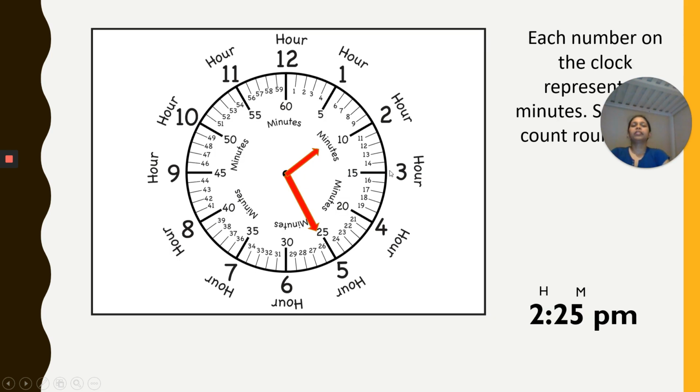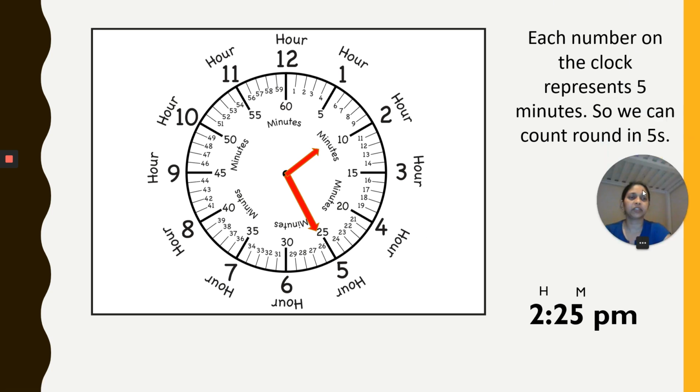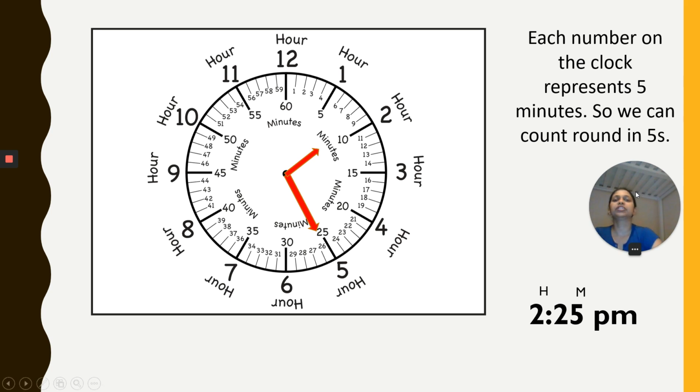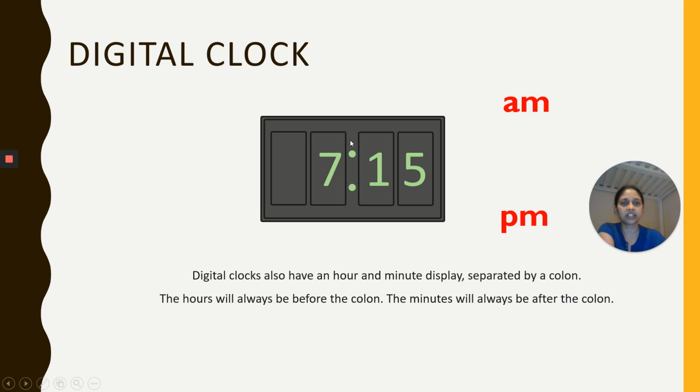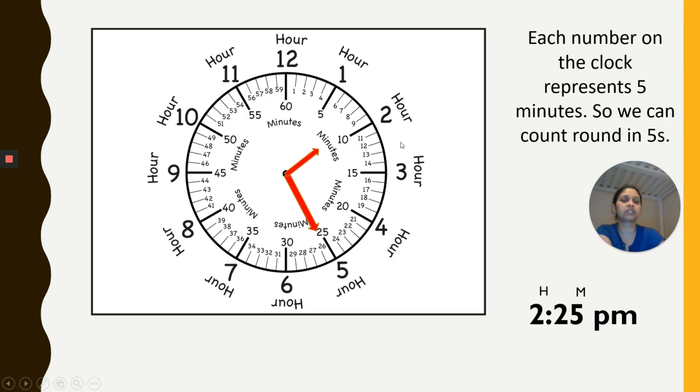Now that we talked about minutes earlier, let me give you a couple of examples. Let me bring my face slightly lower. There we go. Now you've got your minutes on the inside, and remember your long hand is your minute hand and your short hand is your hour hand. If you remember that digital clock, the hours are on this side and the minutes are on this side.